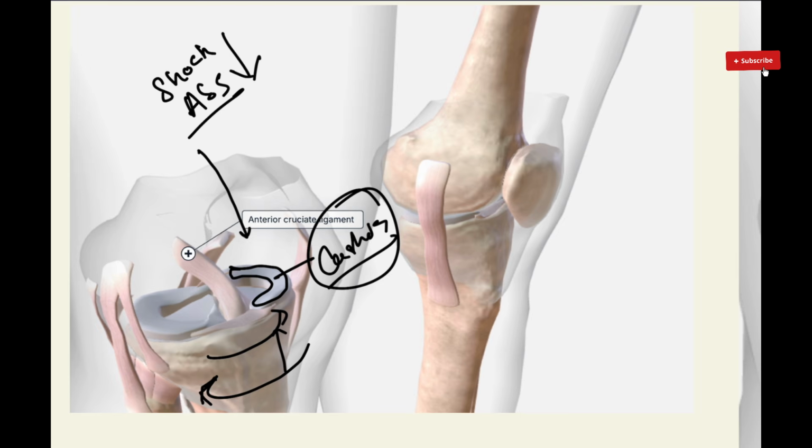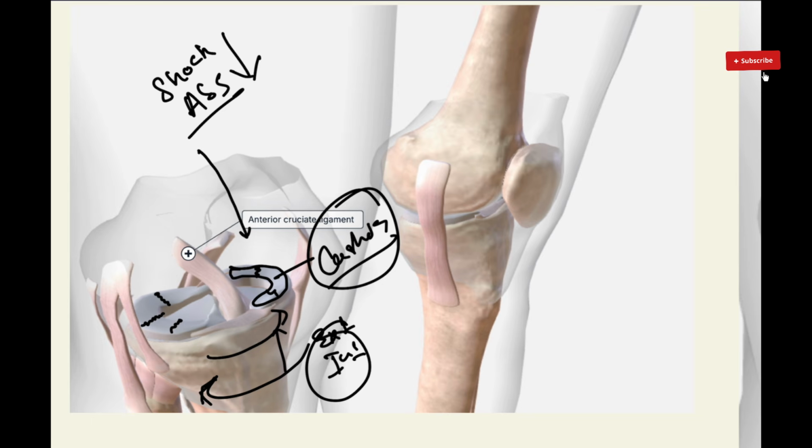So they are very important. Most of the time we see small tears in the menisci, which are very painful. In such patients, rotation will be hampered and there will be pain with external and internal rotation.